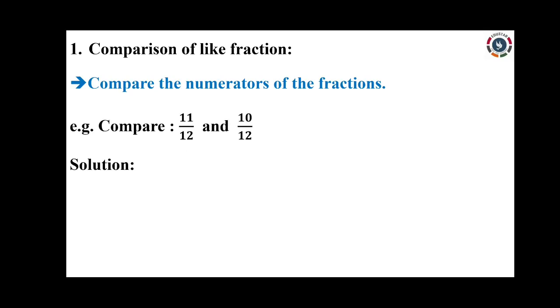Look at this example. Compare 11 by 12 and 10 by 12. In 11 by 12 and 10 by 12, what type of fractions are these two? Yes, very good, like fractions, because both the fractions have the same denominator, 12.